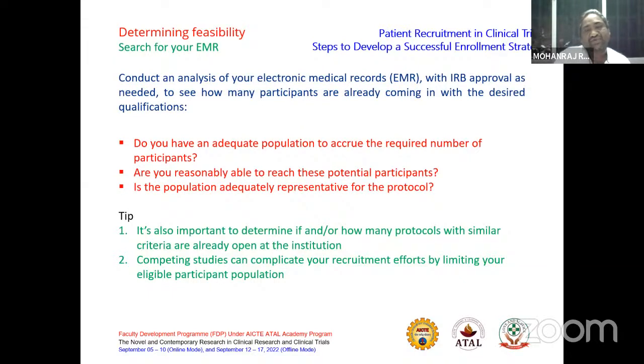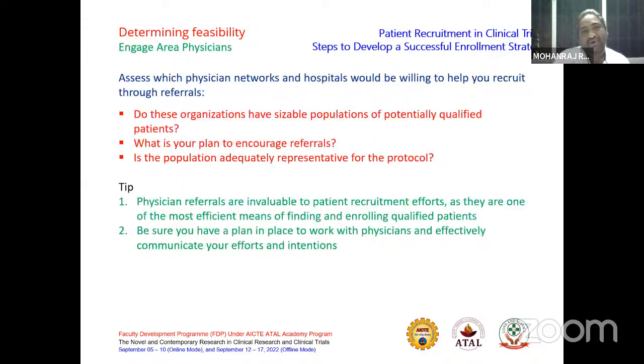And if those inclusions resulted in a good population, what methods they followed in analyzing and calculating the sample. All these things are very important to be streamlined during feasibility. And this can be done only by screening the electronic medical record of the particular organization, which gives you the path to determine whether the study is feasible or not.